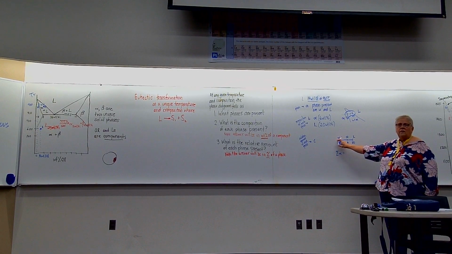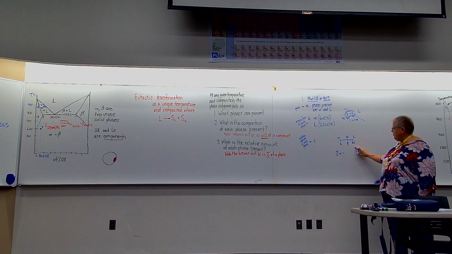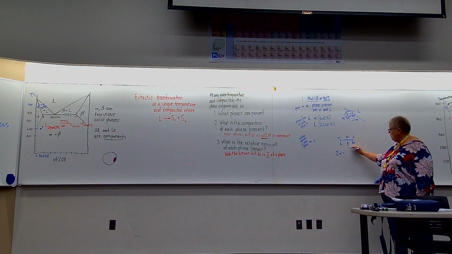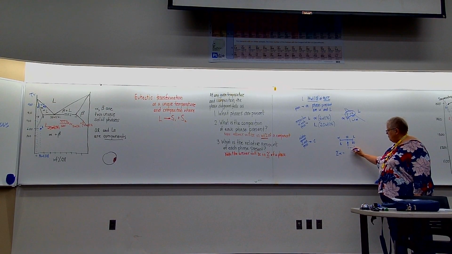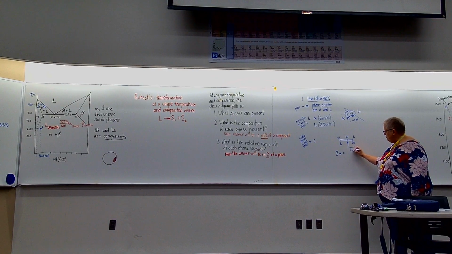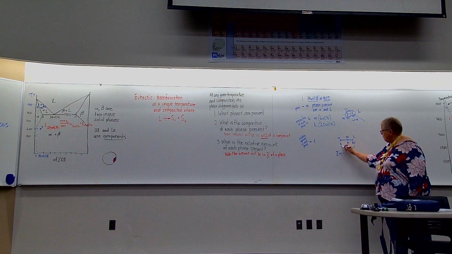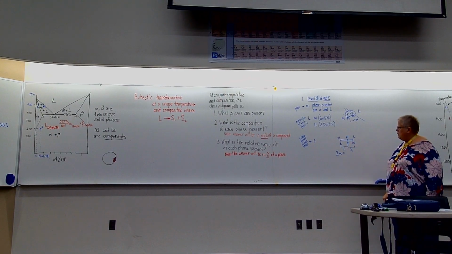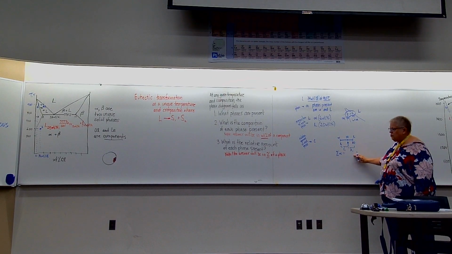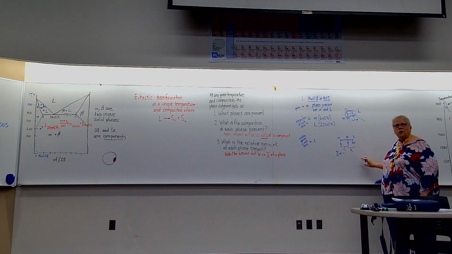So there's alpha. We're going to want this length. I'll call this L2, and I'll call this L1. So the percent alpha is L2 over the total L2 plus L1.